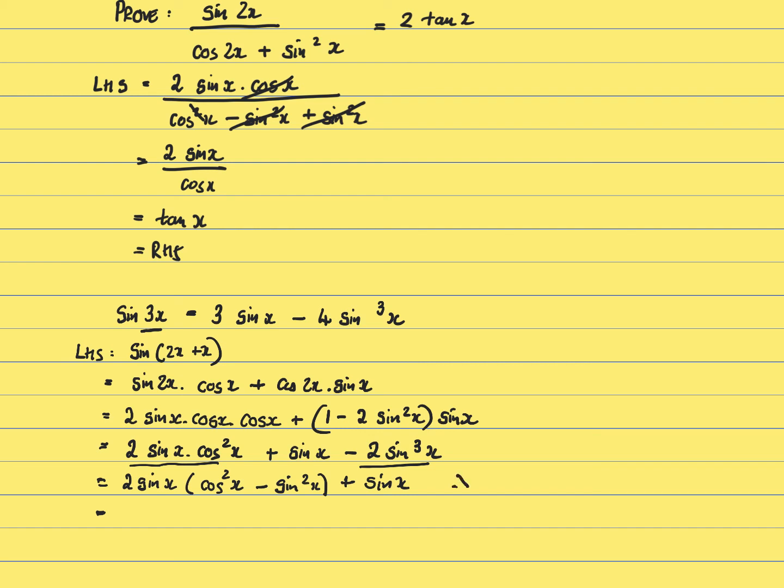I don't think that's going to get me anywhere. I'm going to go back to the drawing board. So I'm going to go 2 sine x, and instead of cos squared x, I'm going to write 1 minus sine squared x, plus sine x minus 2 times the sine cubed x.